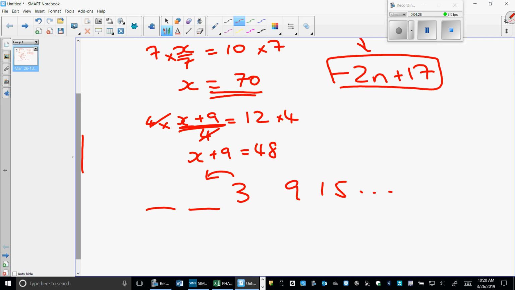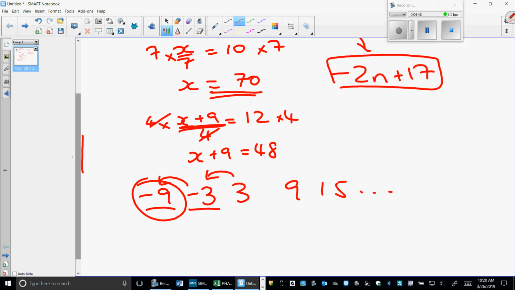If we were adding 6 each time, we could take away 6. So what's 3 take away 6? Negative 3. And then we take away 6 again, which gives us negative 9. So our first term in our sequence was negative 9.